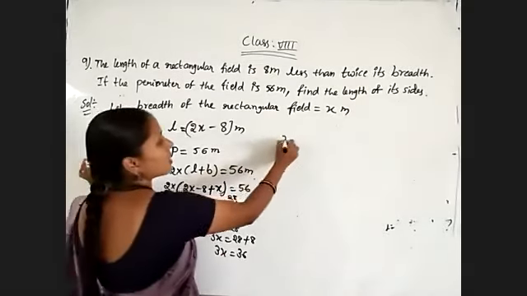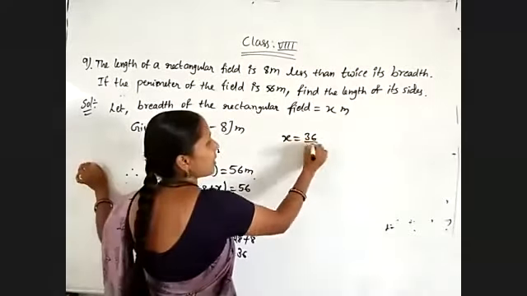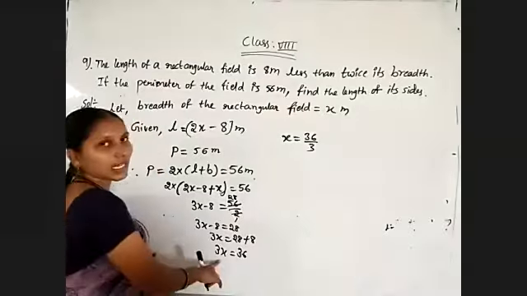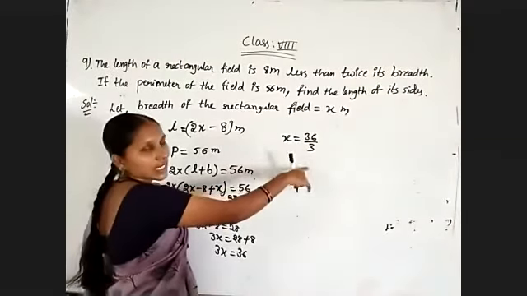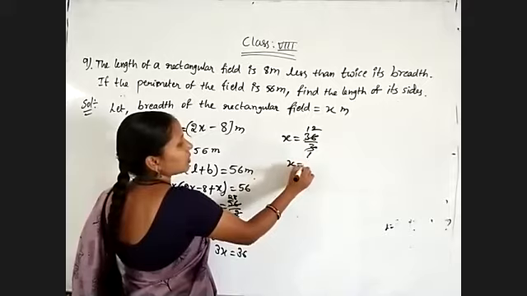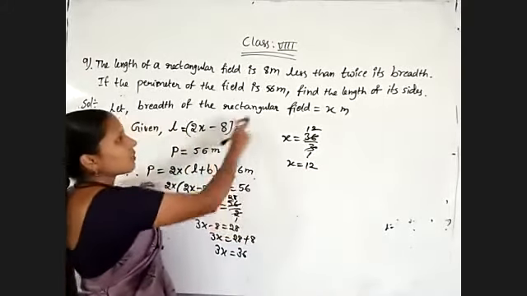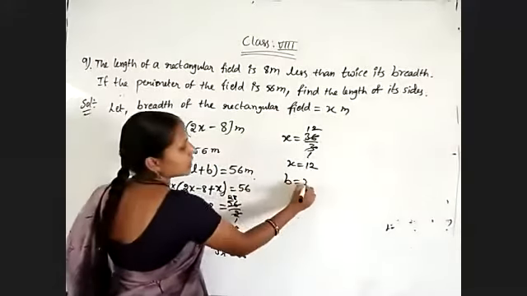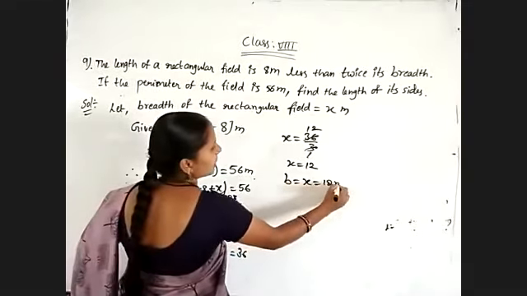Then x will be equal to 36 by 3, because 3 is the multiplier of x. When we bring it to this side, it becomes division. 3 ones are 3, 3 twos are 6. So x is equal to 12. x is nothing but breadth, so breadth is 12 meters.